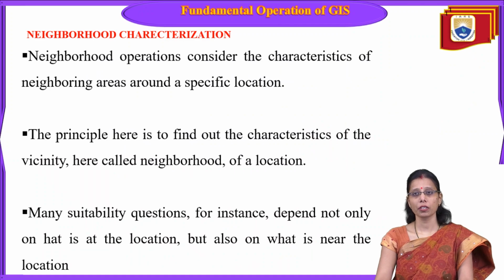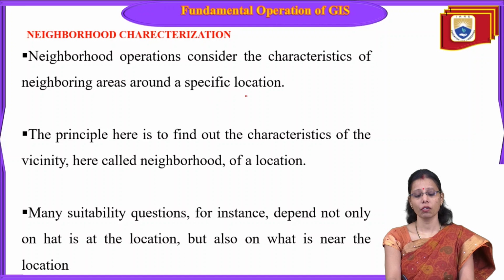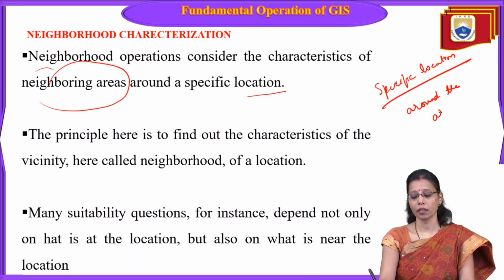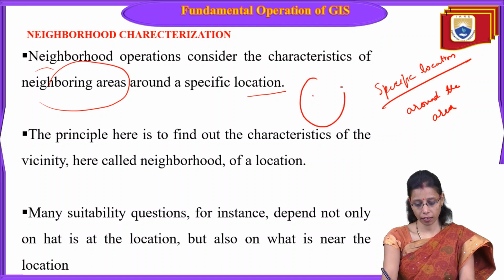So neighborhood operations consider the characteristics of neighboring areas around a specific location. It will tell you about the neighbor areas around a specific location. For example, suppose this is your site and here is your site location.